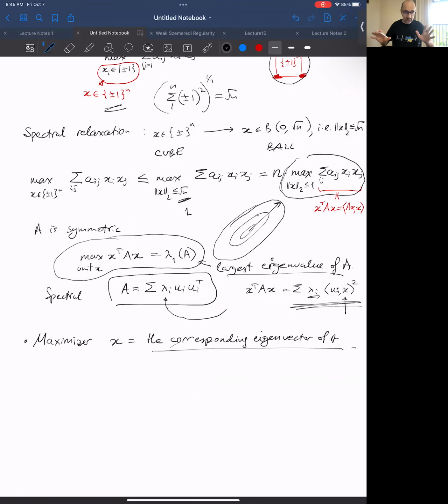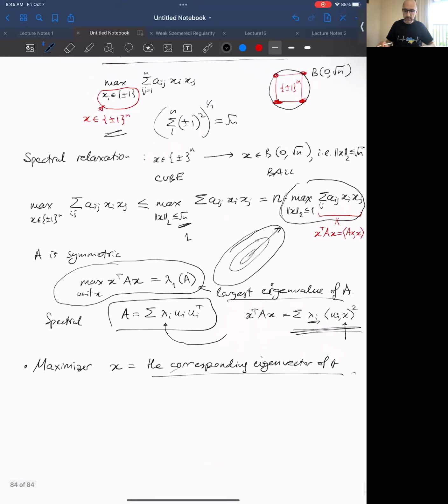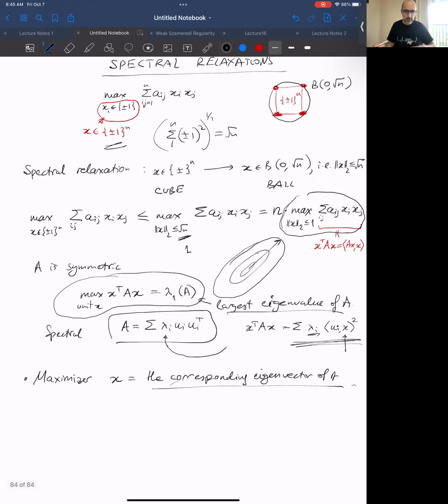Done, right? This can be done. You can put it in the computer and say, diagonalize this matrix, give me the eigenvalues and eigenvectors, and you choose the largest. Done. So this is how spectral relaxations work. We replace the feasible set, the set over which we maximize, which is very hard, in this case just a Boolean cube, let's say, with an easy set, and the easy set is round, something that has Euclidean structure.